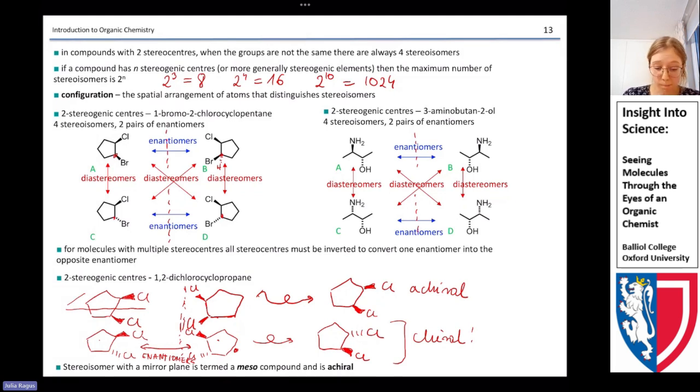Okay, cool. But there is still that top molecule that we need to compare it to. So as before, there is no enantiomeric relationship between, for example, these two species, but they are still stereoisomers, meaning that they will be diastereomers.